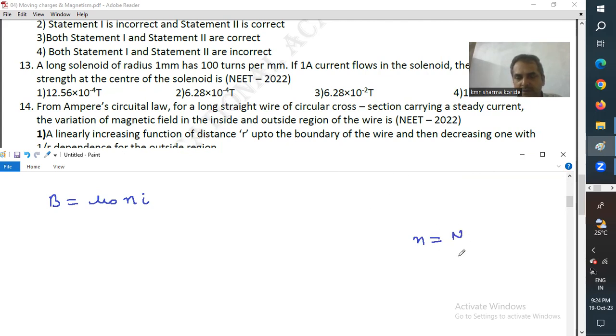This is number of turns by L. So mu naught, number of turns per length, into I. Mu naught is equal to 4 pi into 10 to the power of minus 7. Number of turns are 100, but per millimeter, and 1 millimeter is equal to 10 to the power of minus 3 meters.